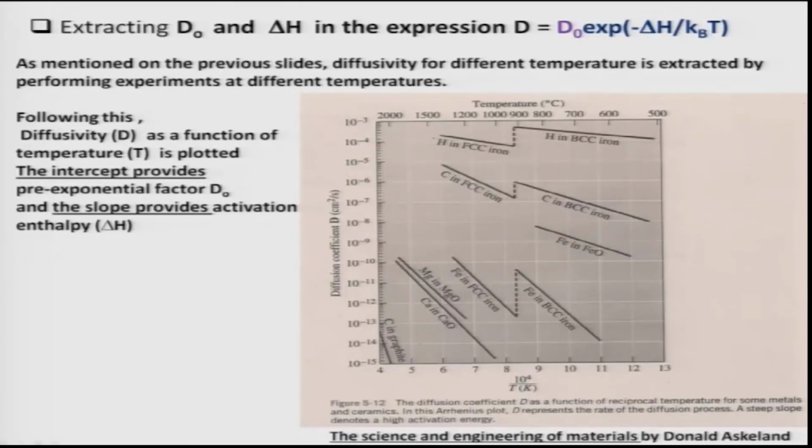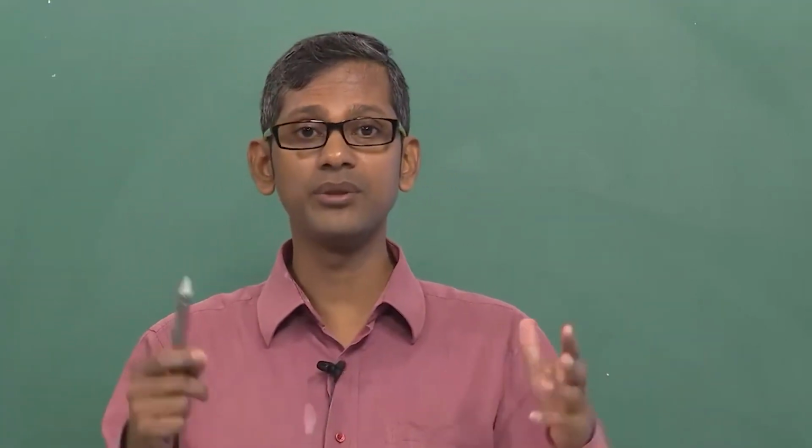Carbon melts at 3600 degrees Celsius, therefore at a temperature of something like 1000 or 2000 degrees Celsius, the number of vacancies is very low. So where will the carbon diffuse? That is why self diffusion is very low. That is why graphite is used in all kinds of high temperature applications: because diffusion is slow, graphite will not get affected. That is another reason I just wanted to show you.